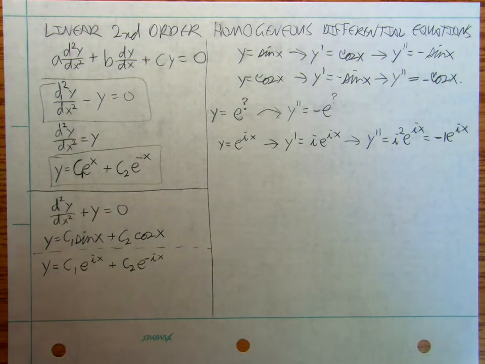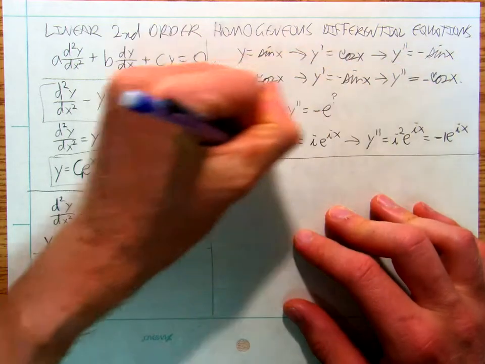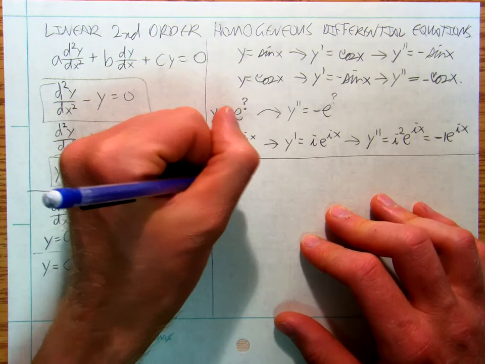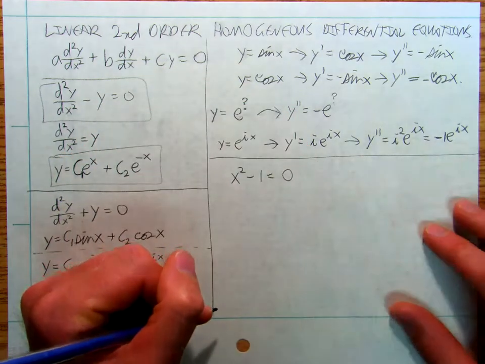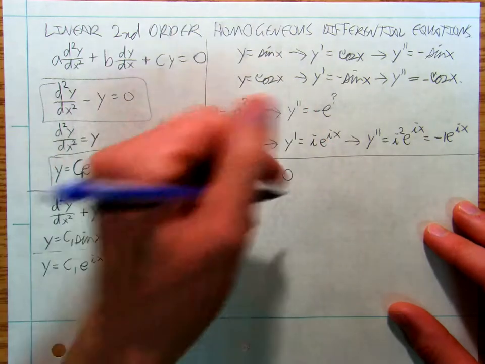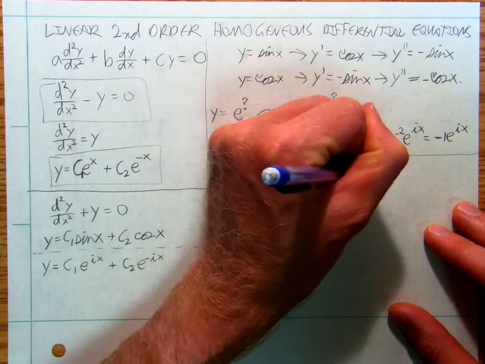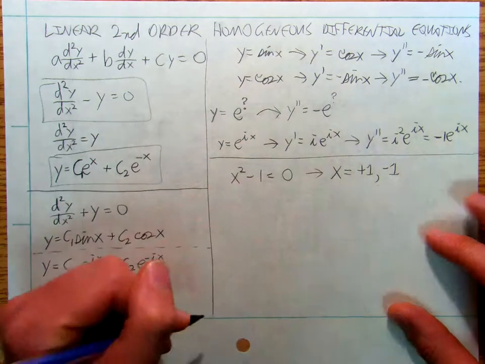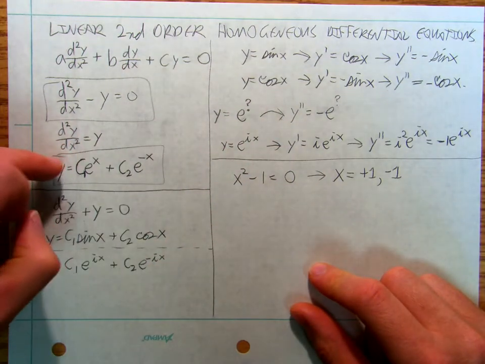So there's a few things that I want you to think about related to that. One is if I've got x squared minus 1 equals 0, that gives me factors of x equals plus 1 or negative 1. So that's this one right up here.